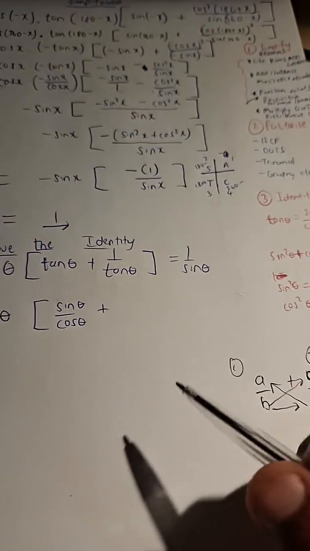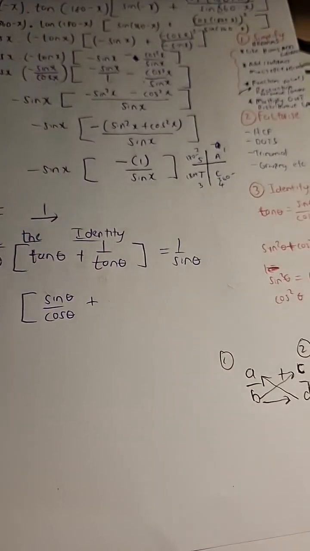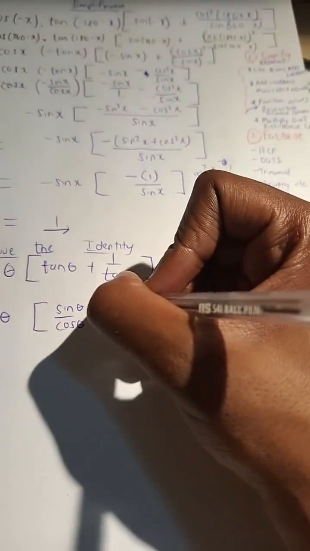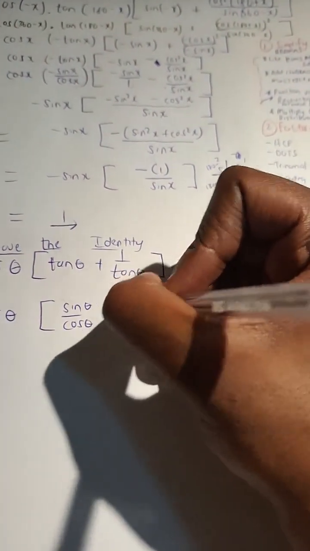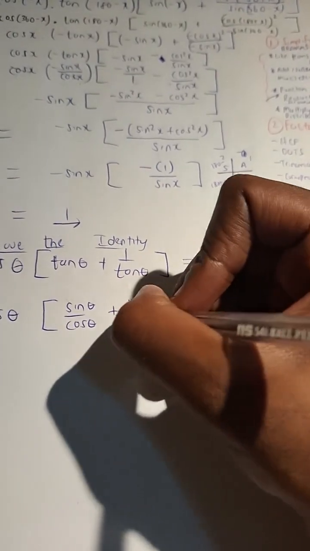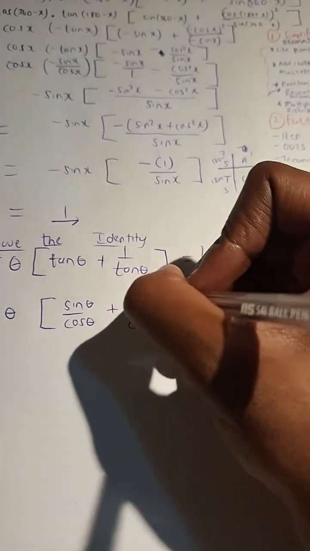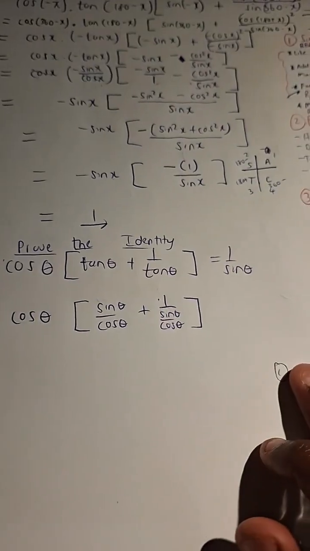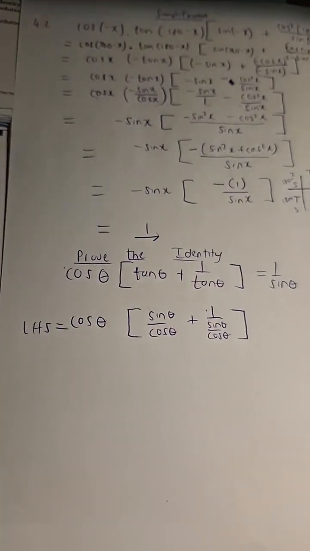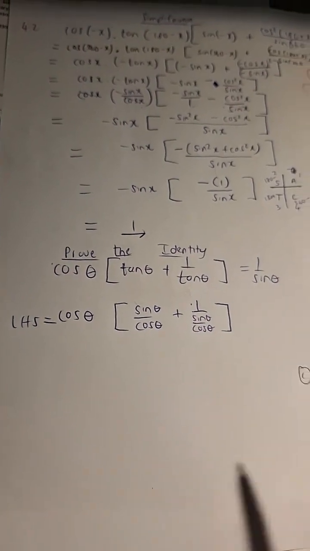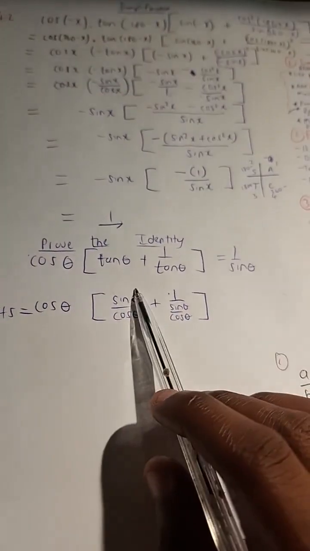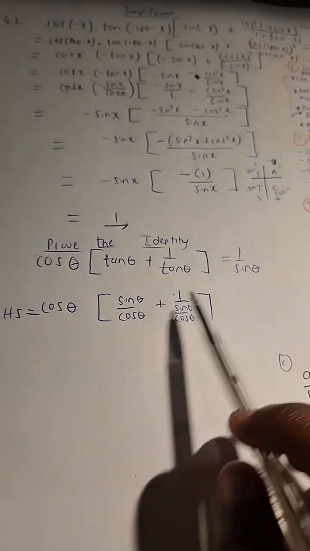Remember, 1 over tan theta is the inverse of tan, so this is 1 over (sin theta over cos theta). We're taking the left hand side because we want to prove it will be the same as the right hand side.